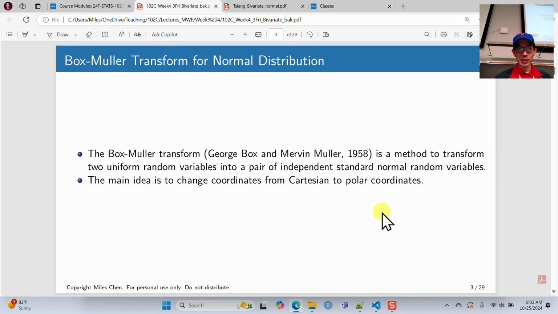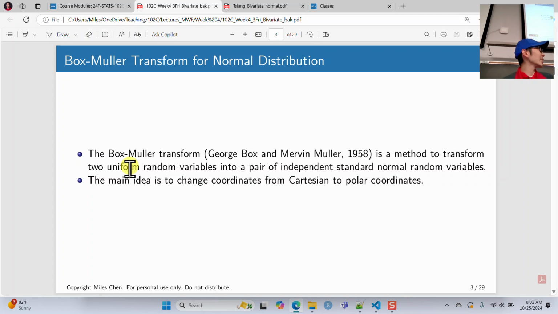This is known as the Box-Muller transform because it's named after these two people. And 1958, so that's 66 years old, this method. But what it does is it takes random uniform values and turns them into random normal values, okay?